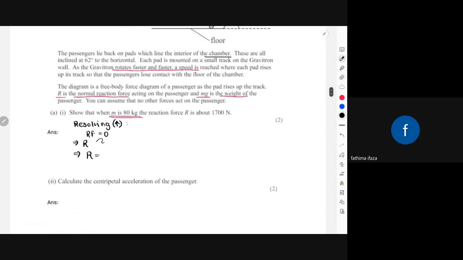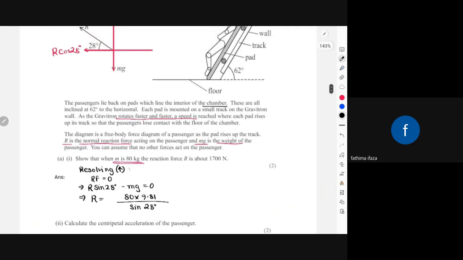This time it will be R sine 28 degrees minus mg equals 0, which turns out to be 80 times 9.81 divided by sine 28 degrees. If we do this, I think then we'll get the final answer. 80 times 9.81 with sine 28 degrees.